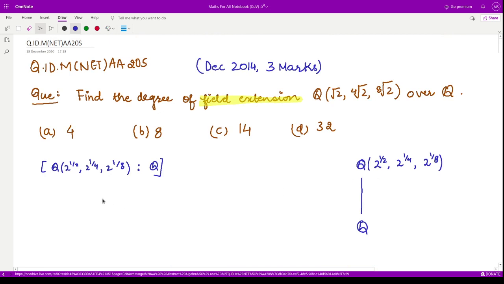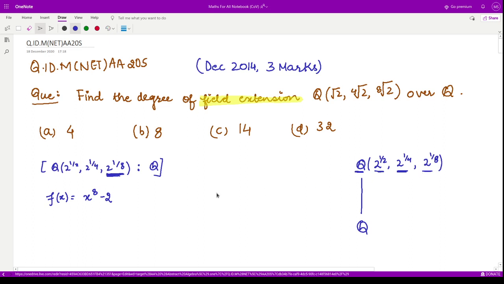In our case, if we assume the polynomial to be f(x) equal to x raised to power 8 minus 2. Why? Because this particular element 2 to the power 1/8 has been adjoined to this field of rationals alongside 2 to the power 1/4 and 2 to the power 1/2, these two elements and 2 to the power 1/8.